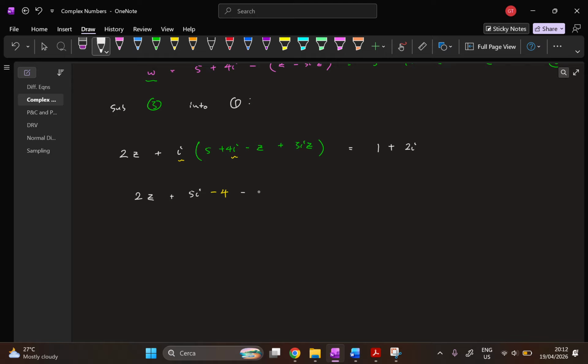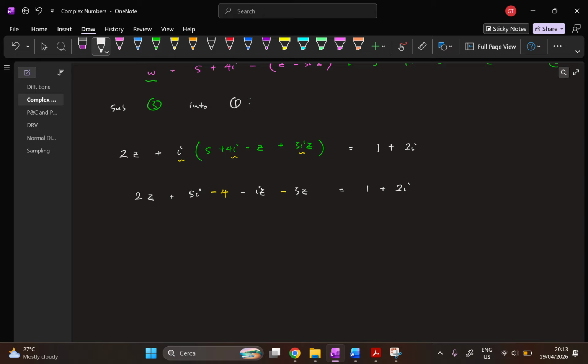And we can continue expanding. Once again here, i times i. So this is going to be 3i squared z. So because i squared is -1, this is just going to be minus 3z. And then the right hand side is unchanged. So you notice the right hand side still has an imaginary part, but all my unknowns are on my left hand side.